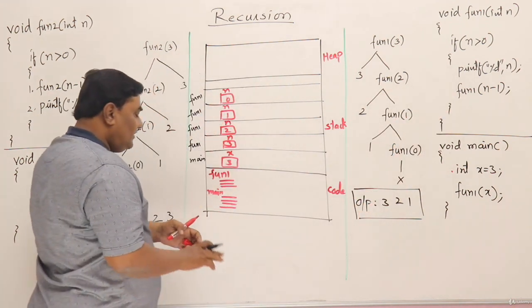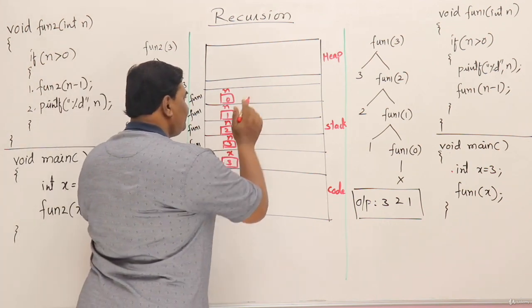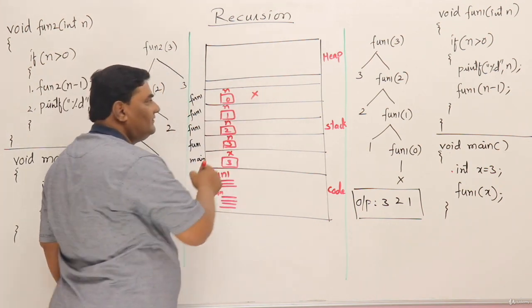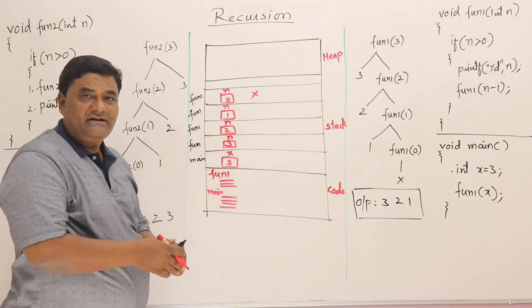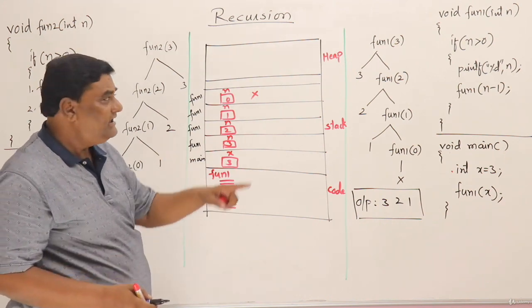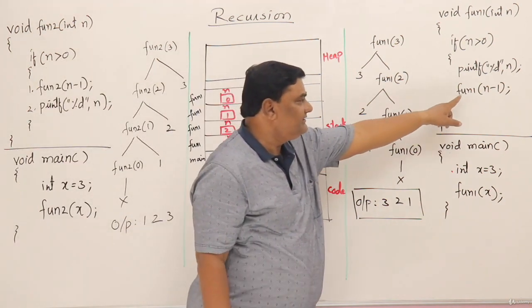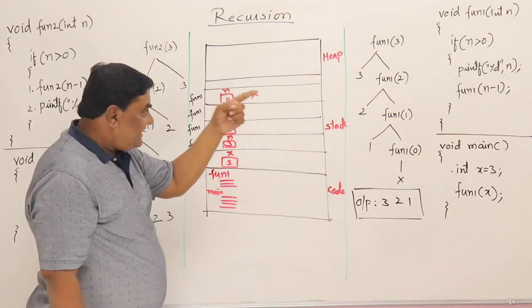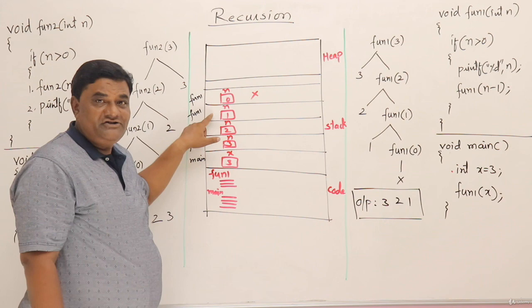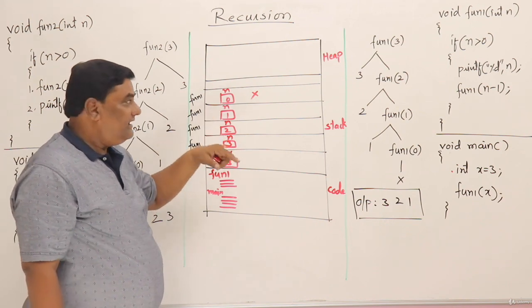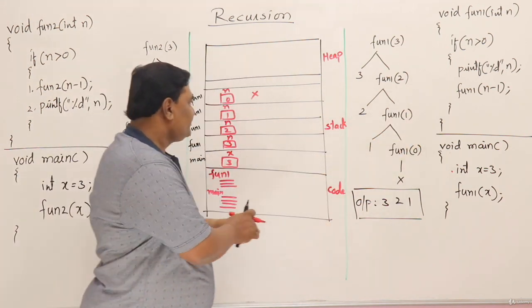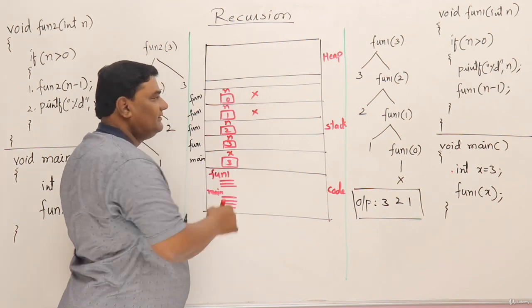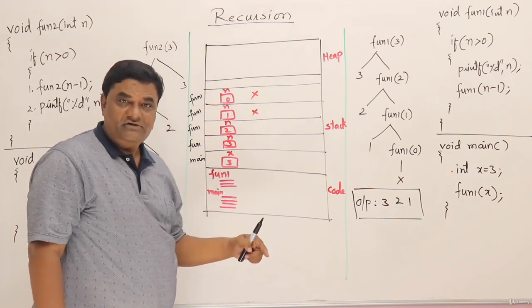And once that call ends, this activation record is deleted, and the control goes back to the previous call. And in that previous call, what it has done, it has called this one. So the next is nothing. So that call will be using this activation record, and that also ends. So again this is also deleted. It goes back to the previous call.